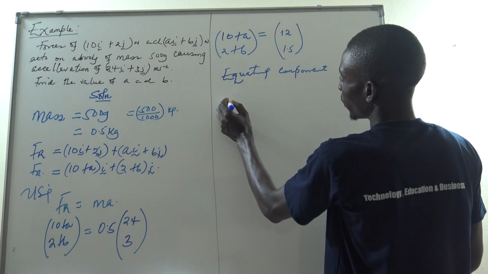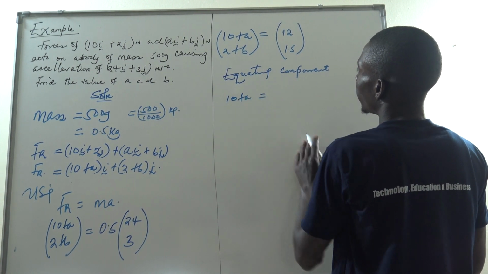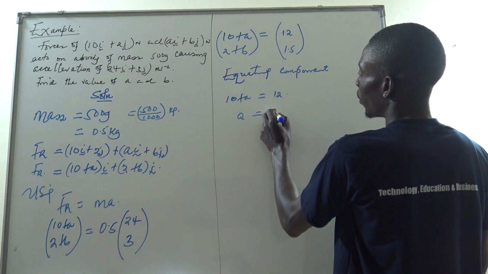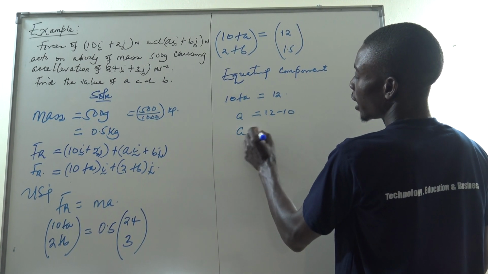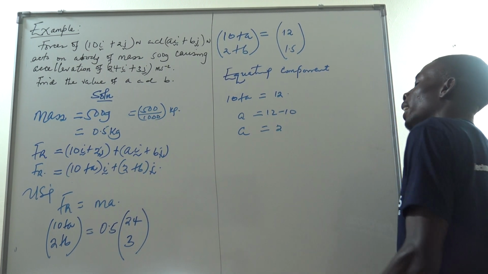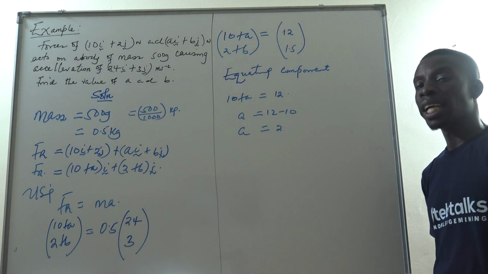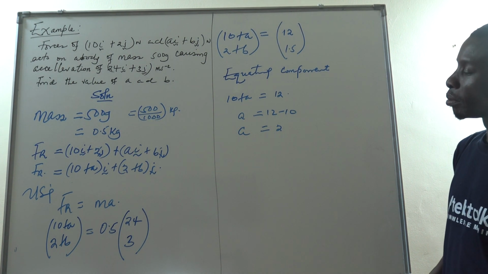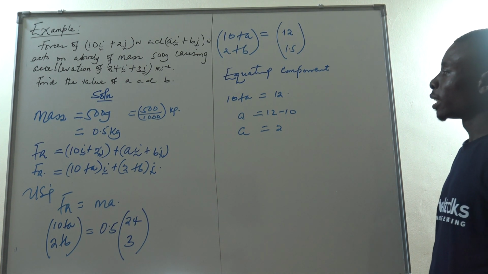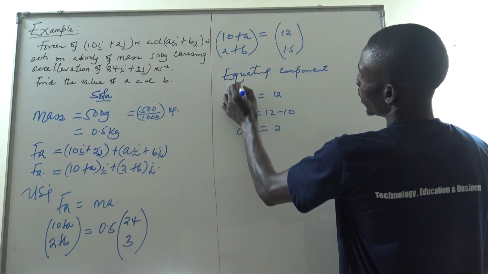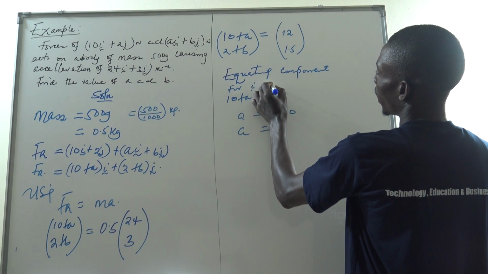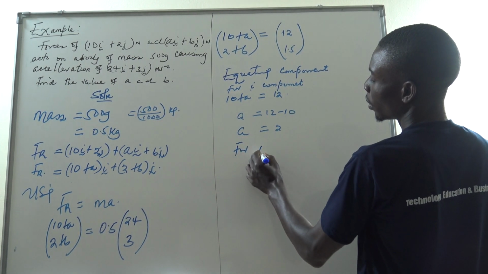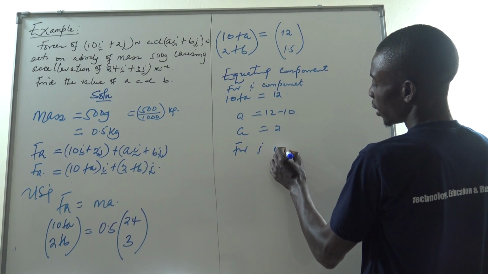So for the i components, you can say 10 + a is equal to 12, and then a is 12 minus 10, so a is equivalent to 2. This is for the i component.